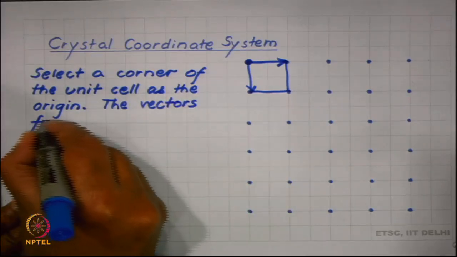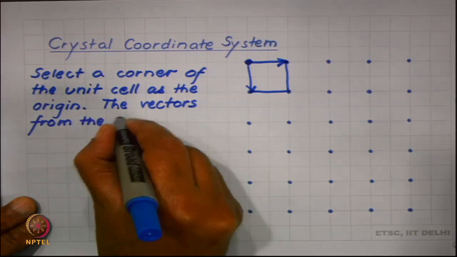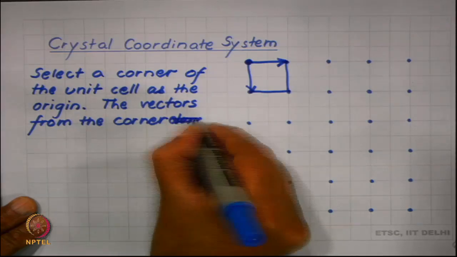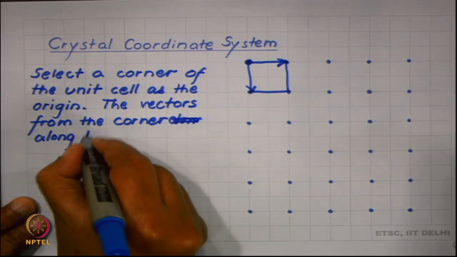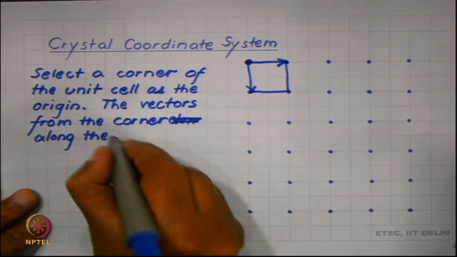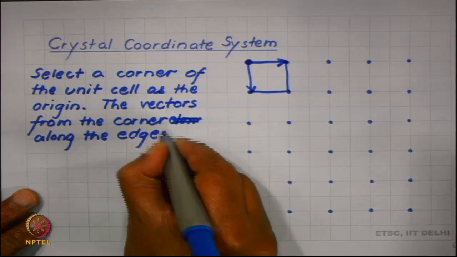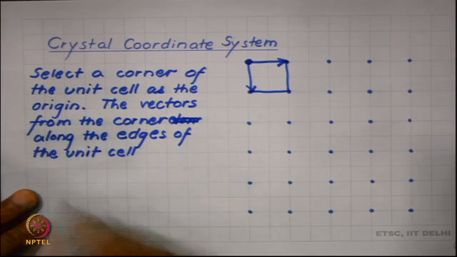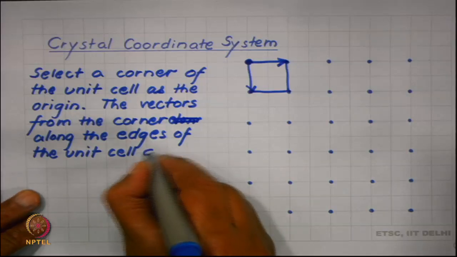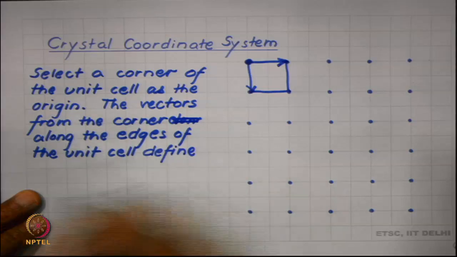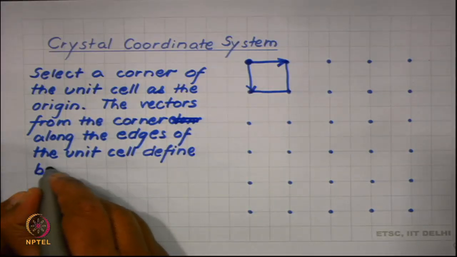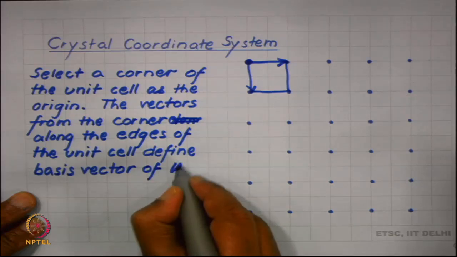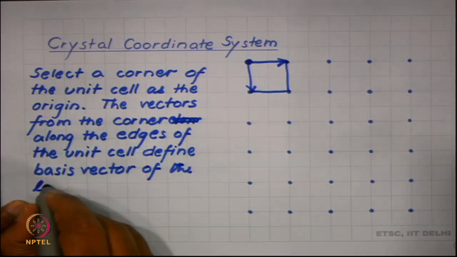The vectors from the corner along the edges of the unit cell define the basis vectors of the lattice.